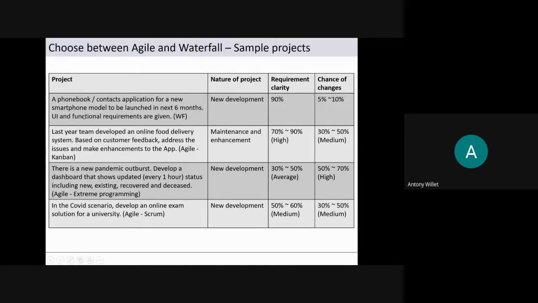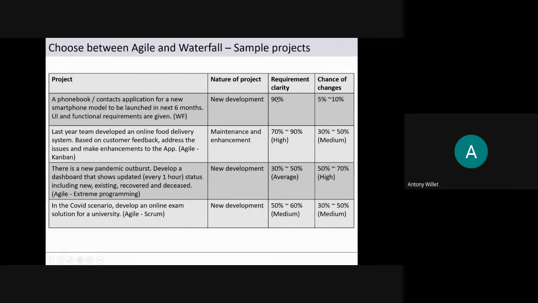The UI requirements and functional requirements are given very clearly, and the requirements are not going to change. Even though it is a new smartphone model, the team has experience in developing this kind of application, and the requirements are very well known. They are not going to change much. It's going to be a new development.